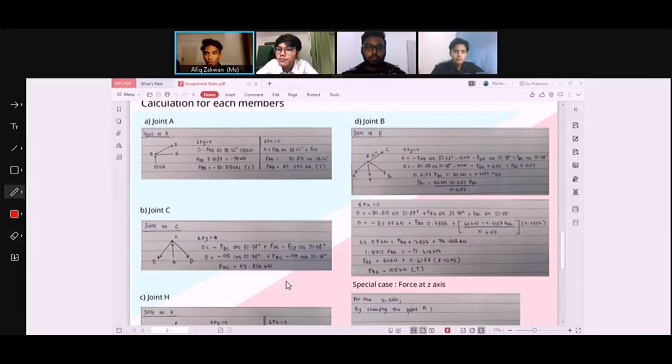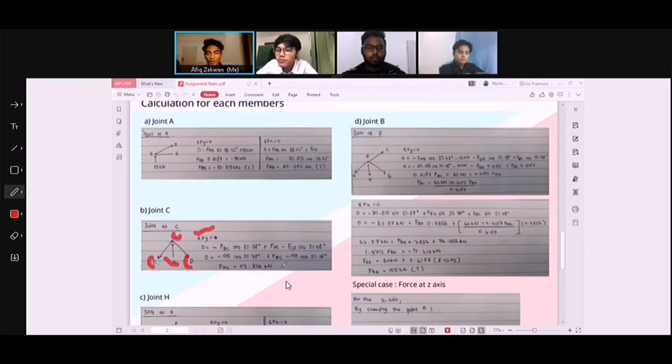The next one is joint C, which consists of the members CB and CD, and also the reaction G. So we determine by calculating the summation of Fy to determine the force GC.